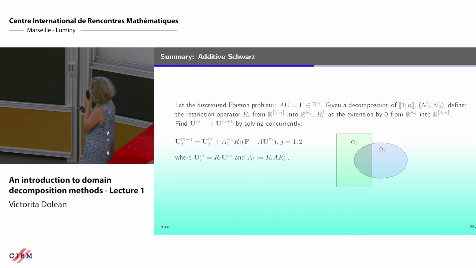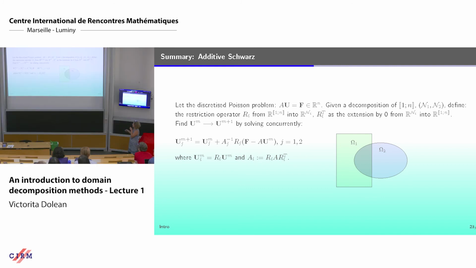What is happening is that I'm updating in domain J at iteration n+1 from the previous iteration. Here is the local residual. I restrict the local residual, I solve locally, and then I update the previous iterate and get the new iterate. So this is what one domain will do.